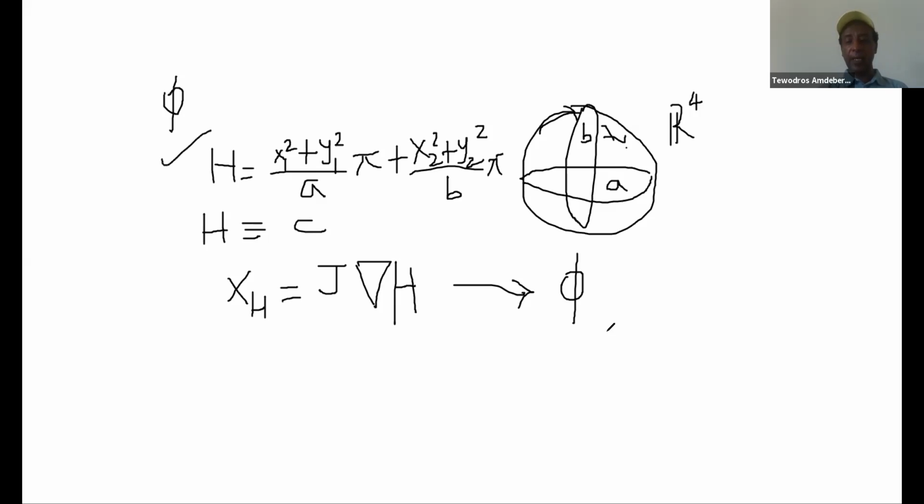This is a Hamiltonian, this is the Hamiltonian flow, and this flow satisfies, this is the derivative with respect to time, dH or negative dH depending on the choice of the orientation. So bottom line is we have many, many symplectomorphisms in symplectic geometry.